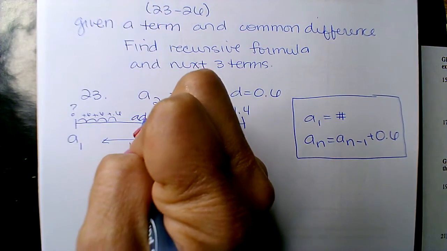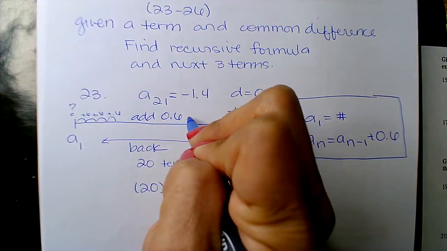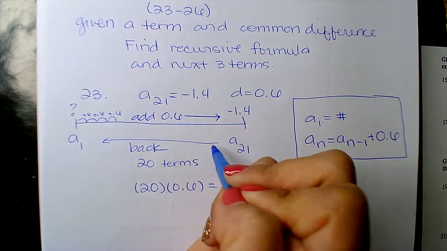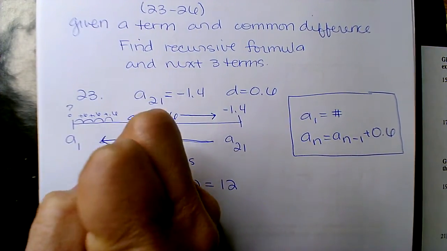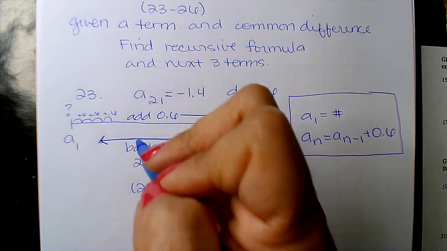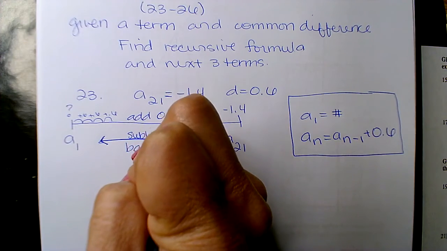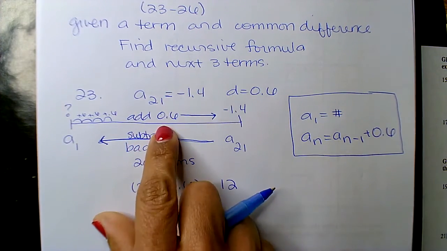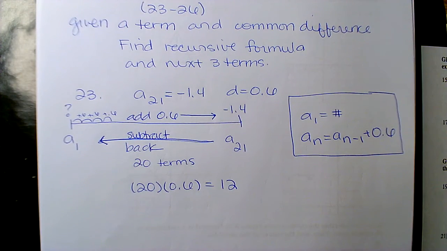If I'm adding 0.6 in this direction and you want to go backwards, that's your inverse operation. What's the inverse operation to adding? Subtracting. So you are going to subtract all those 20 0.6s, you want them back.